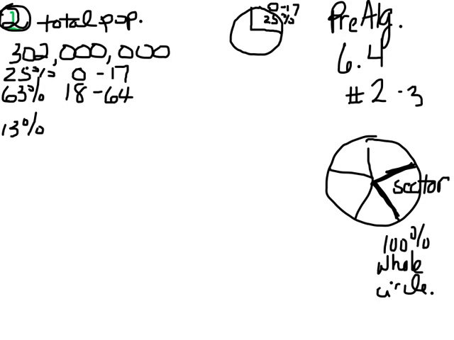And if you look at this and you add all those numbers up, did I miss anybody? Let's see, 25%, 63%, 13%. This should add up to 100%, okay? Now, it looks to me like it doesn't quite, but that's because we're going to round some numbers to the nearest whole number.